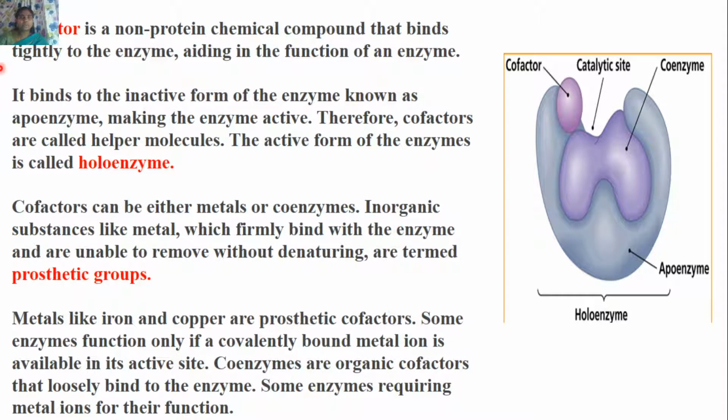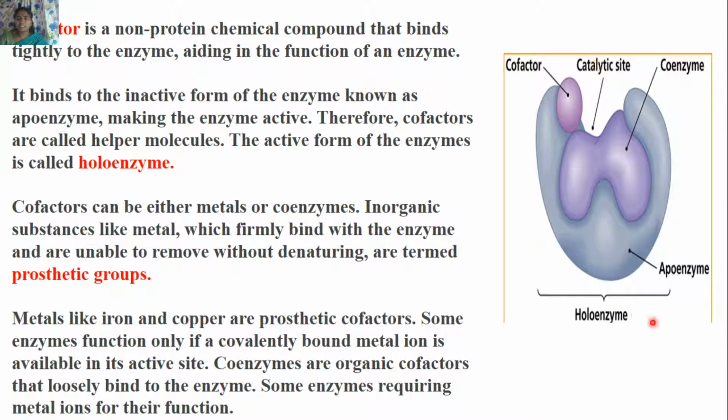In elaboration, the cofactor is a non-protein chemical compound. See here, I have shown you the cofactor region, a schematic representation of a cofactor that binds tightly to the enzyme. It aids in the normal function of the enzyme.